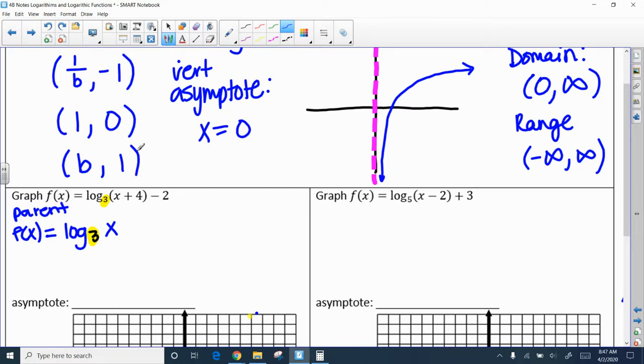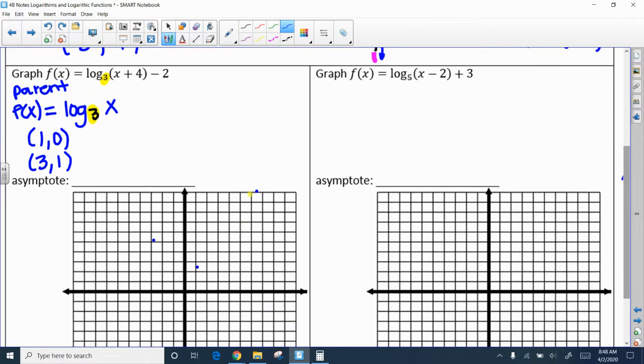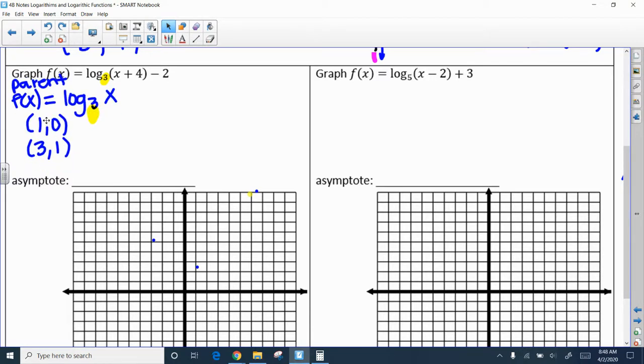As long as I know the shape of this, I can still do this with these 2 points. So I'm just going to use 1, 0, and 3, 1. So instead of 1, 0, and b, we're using 3 as the base. So these are the 2 points I'm going to use. And then we also have an asymptote of x equals 0.